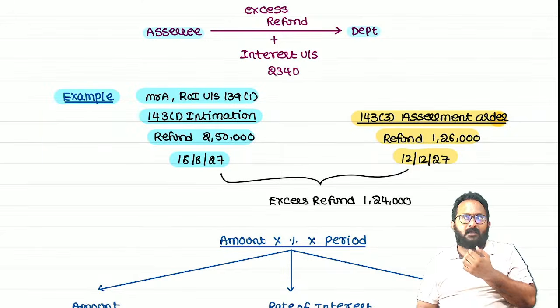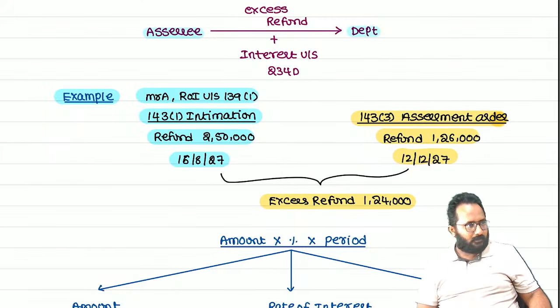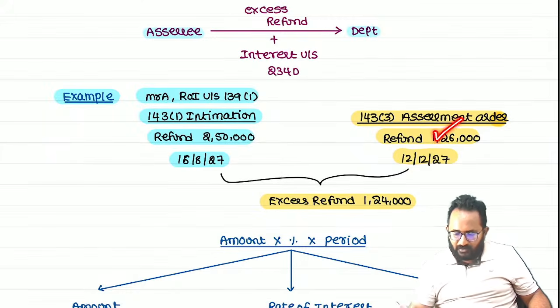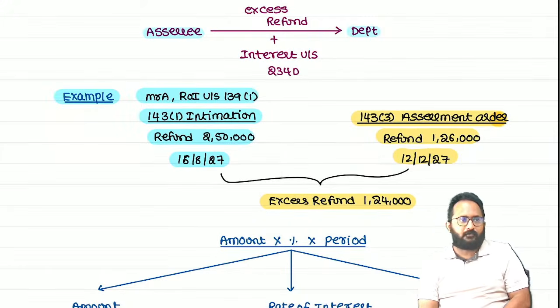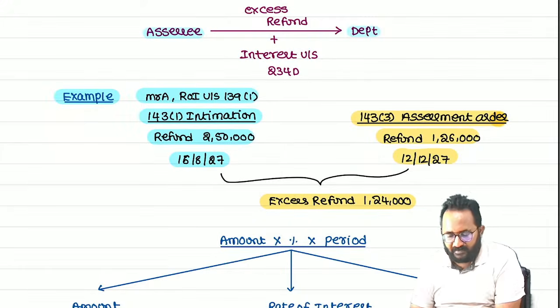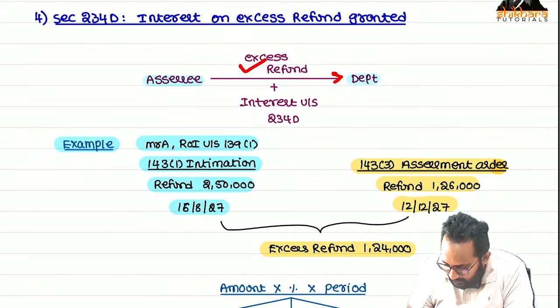Now, can you tell me how much excess refund was enjoyed by the SSC as of now? 1,24,000. Eligible refund is 1,26,000 only. How much excess did he enjoy? 1,24,000. Now, definitely, SSC is required to pay the excess refund to the department, along with interest under section 234D.